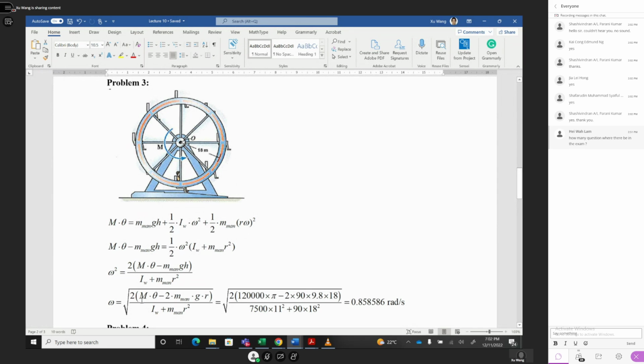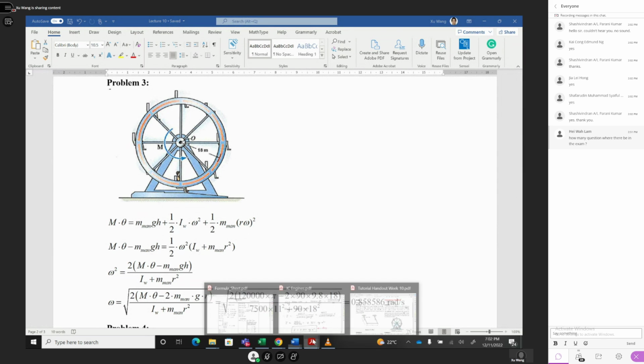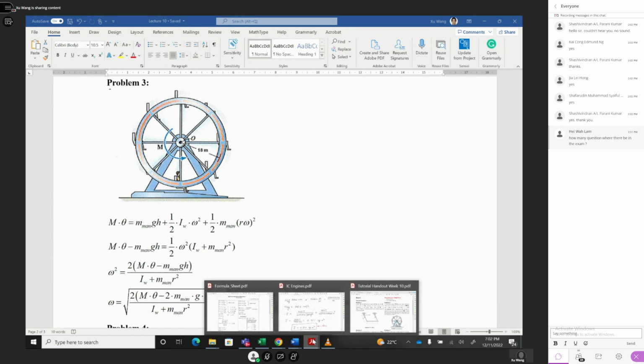Okay, so you put inside 2, M times theta, where theta is pi over 180 and M is 120,000. 120,000 is the moment, yes, here.